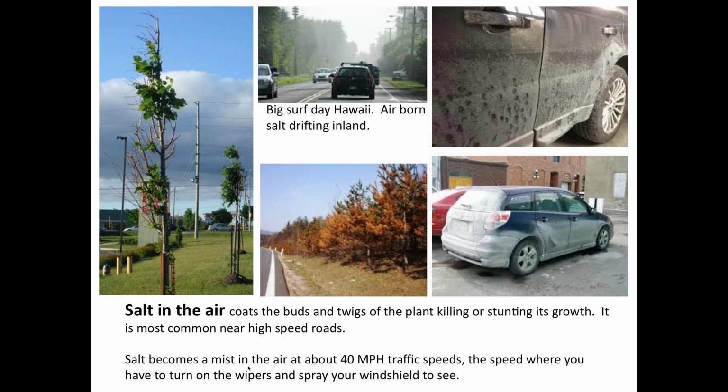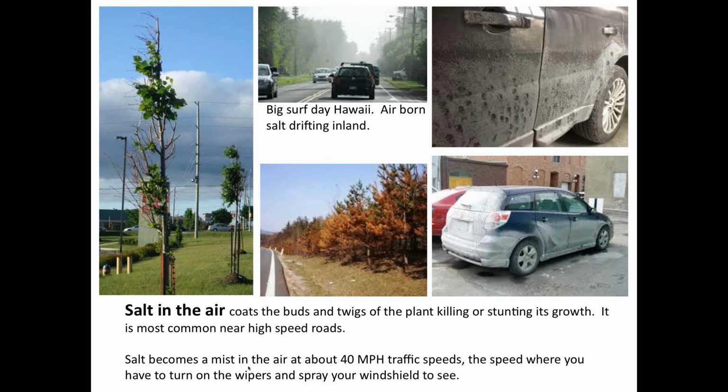So the salt begins to mist into the air somewhere between 30 and 40 miles an hour. About the time when you're driving down the road and you're going to turn on your windshield wipers and turn on the windshield squirters to clean off your windshield, because the car ahead of you is starting to make your windshield dirty with this salt that's getting on your car.